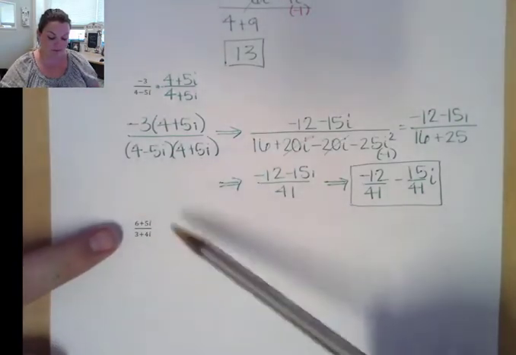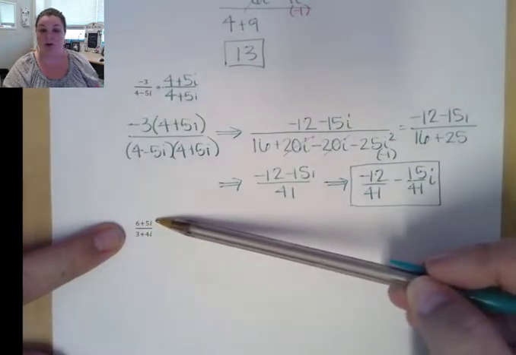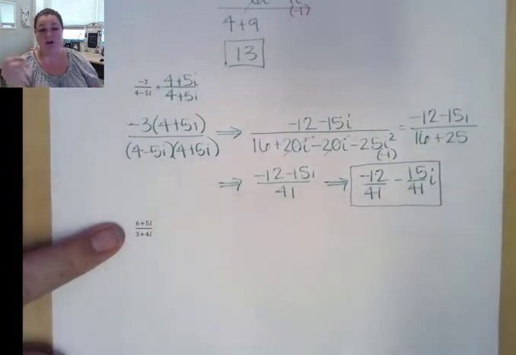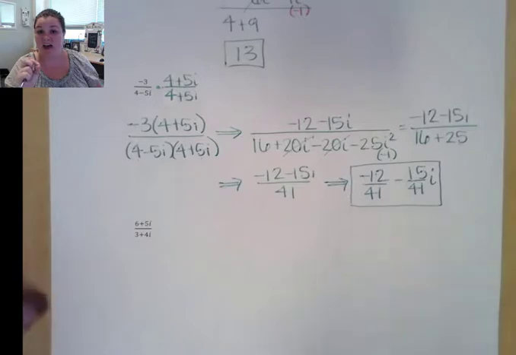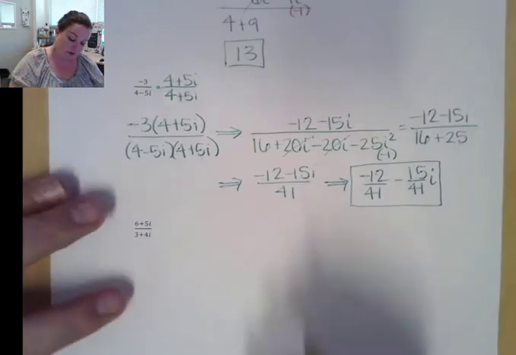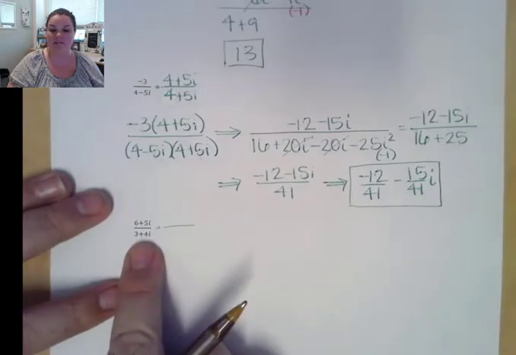Notice the only difference between this one and the last one we did is that it actually has a complex number on top too. Now, when you have a complex number on top and bottom, we are not guaranteed to get rid of all i's. So what we're focused on is getting rid of the i's in the denominator. So I'm going to look at the denominator and figure out what conjugate I need to multiply by.